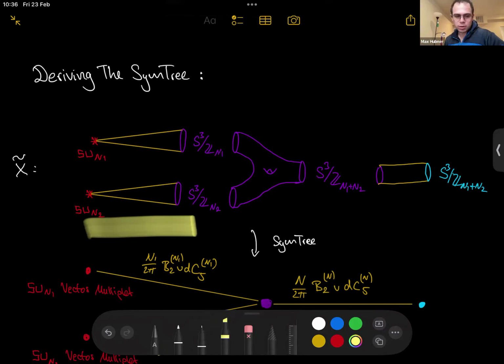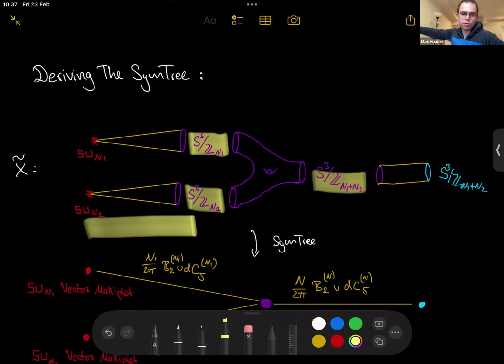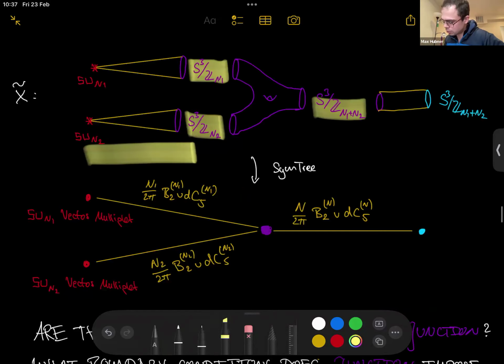These are themselves ADE singularities, so they're a cone over S3 mod Zn1 and Zn2 topologically. Then, due to the origin of coming from a Zn ADE singularity, I know there's this pair of pants tube, which goes between these two boundaries to the larger boundary, characterized by n1 plus n2, and then things go off to infinity. And I want to map this onto this symmetry.